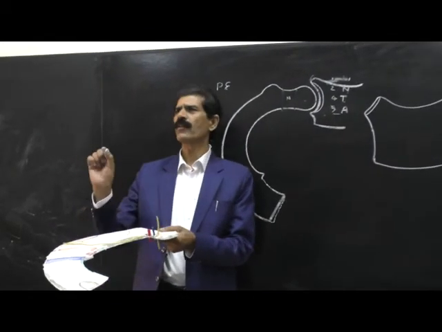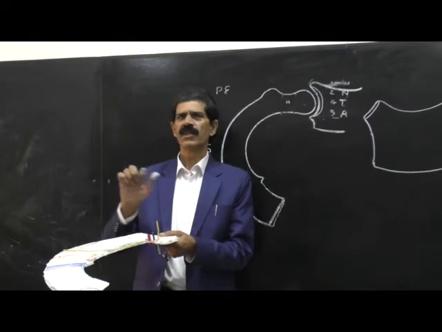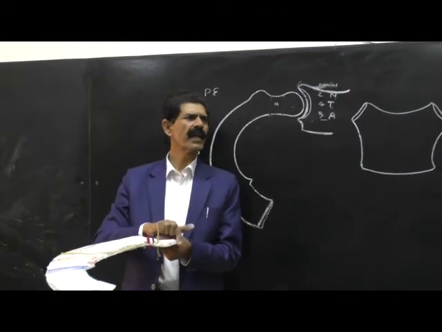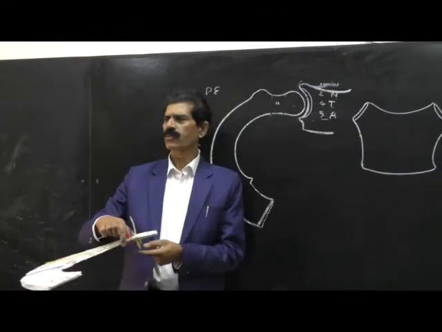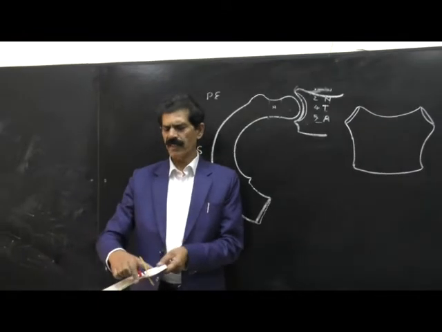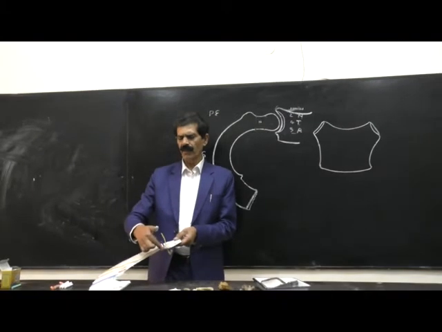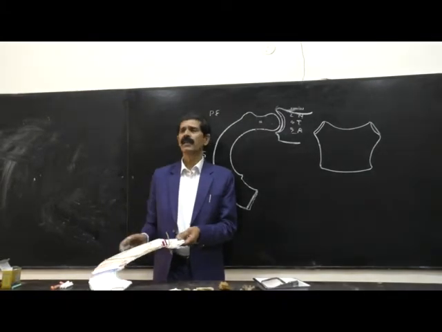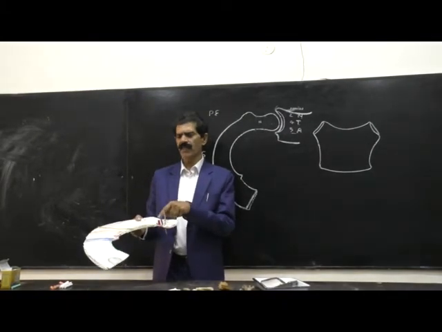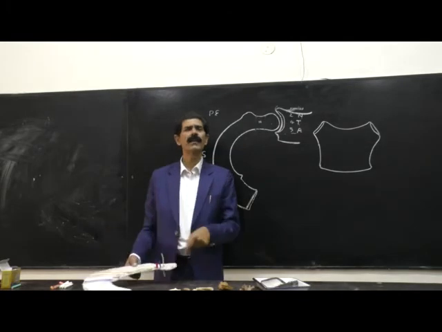So everything you have to describe: shape of the head, surface of the head and neck also. The neck is narrow, and the anterior surface or anterior border of the neck has four important structures that you have to remember.